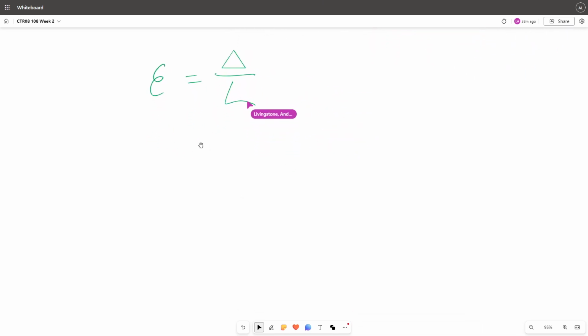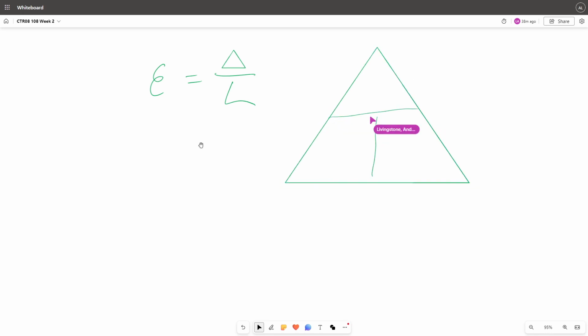Strain, delta, L. What I tend to do, again, it's because of how my brain works. I used to struggle with this sort of thing. So as soon as I figured this out, it made my mathematics much easier. You can see the delta L, delta's above the L, so I've drawn it as that. Here's my pointer. Delta L there, and strain there.